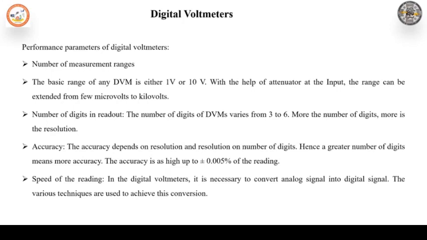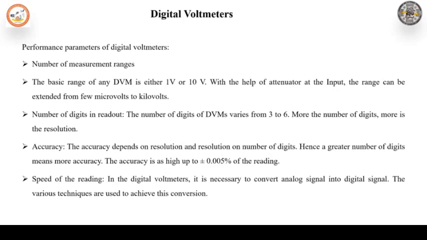The more the number of digits, the more is the resolution. Thirdly, accuracy is the next performance parameter. Here, the accuracy depends on resolution or number of digits. Hence, more digits means more accuracy.